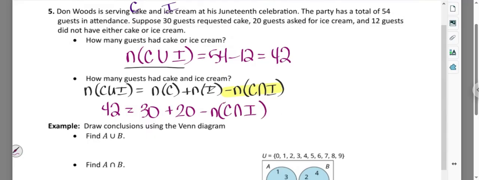That was good. 8 people had both. So you're solving an equation to find that out.